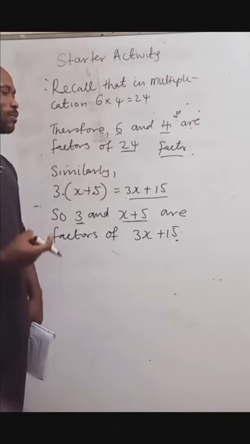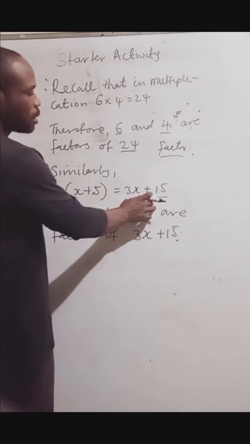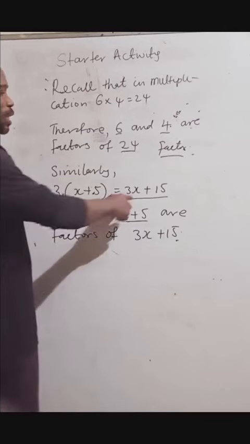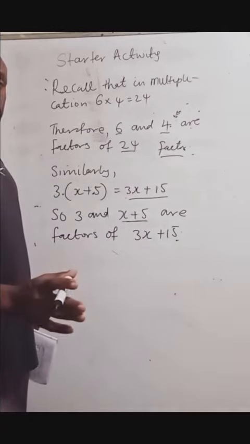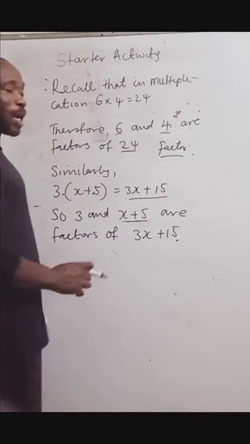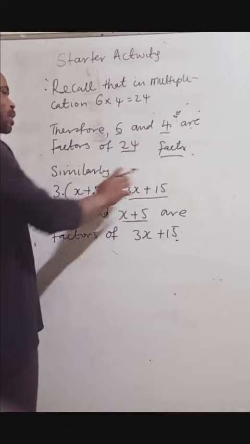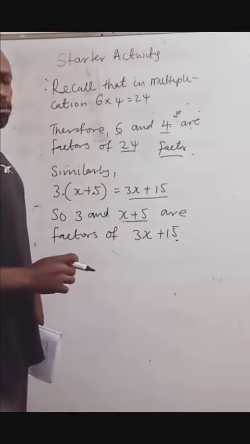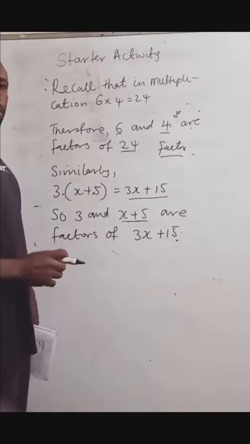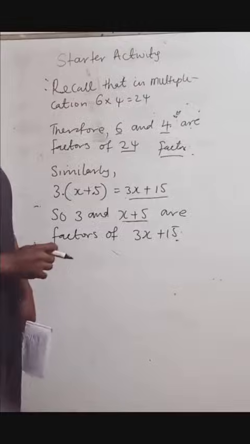The reason is that if you divide 3x plus 15 by the number 3, the number 3 will divide 3x plus 15 without remainder. The algebraic expression x plus 5 can also divide 3x plus 15 without remainder. Therefore, these two values, 3 and x plus 5, are factors of the expression 3x plus 15.